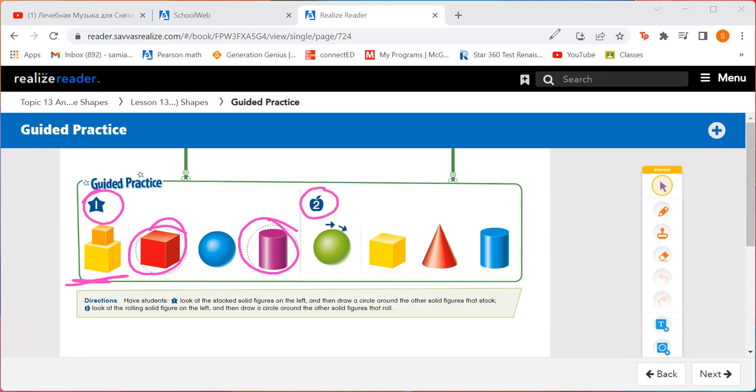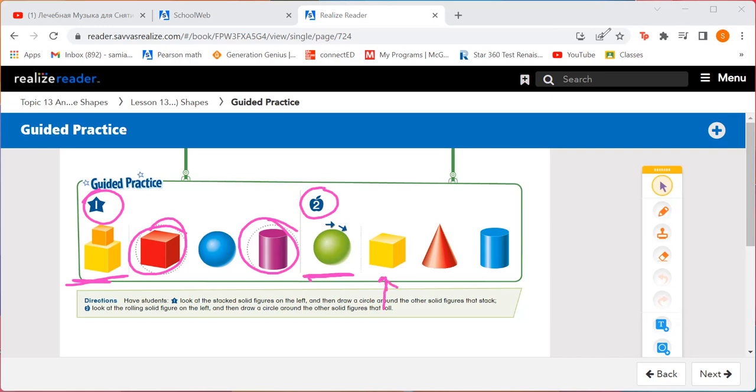All right, let's look at problem number 2. Look at the rolling solid figure on the left. This sphere rolls. Draw a circle around the other solid figures that roll. All right, let's look at the first one. Does a cube roll?